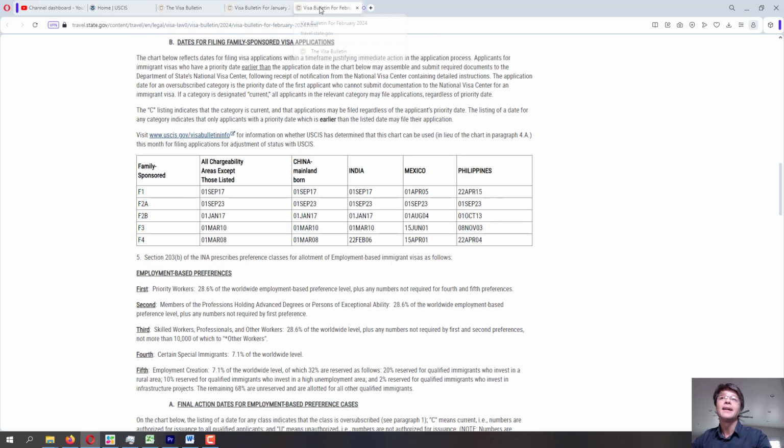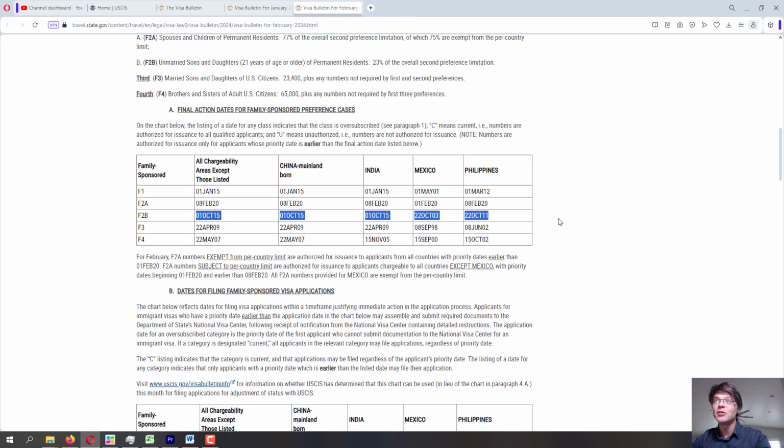But no movement for the graph B for people waiting for documentary qualification, and whenever it comes to the graph A and the availability of the immigrant visa, only F2A, you guys can, definitely good news. But again, on the larger scale, you have to keep in mind that F2A is spouses and children of permanent residents.